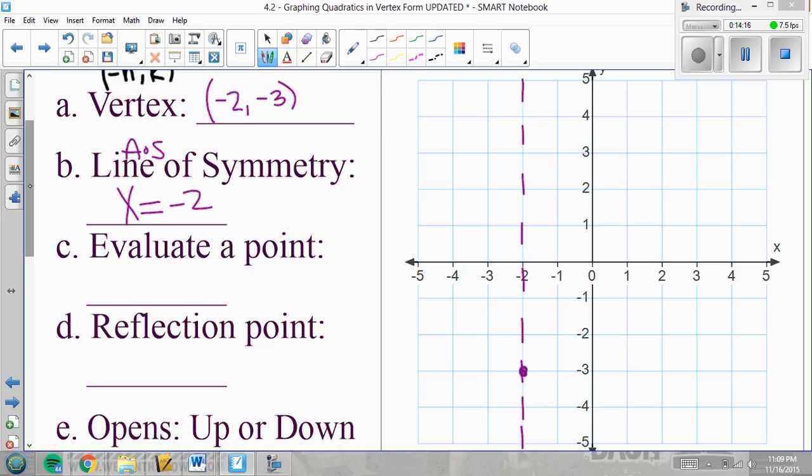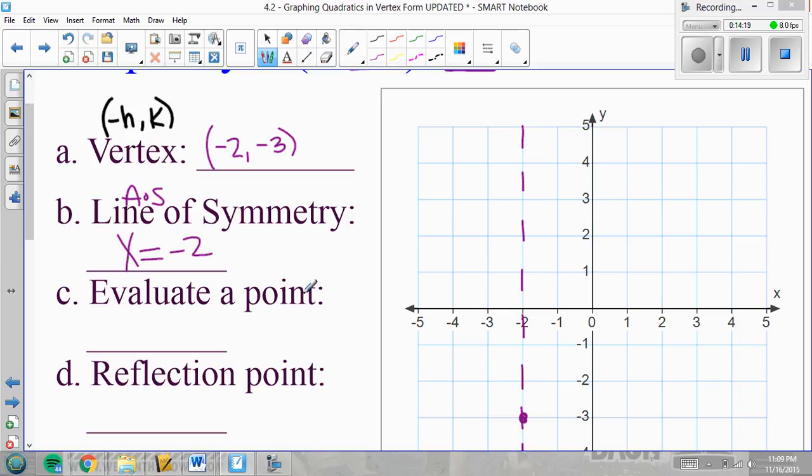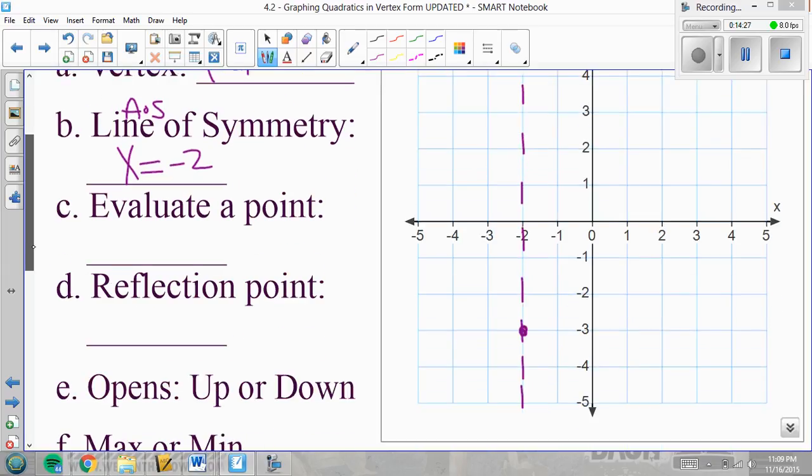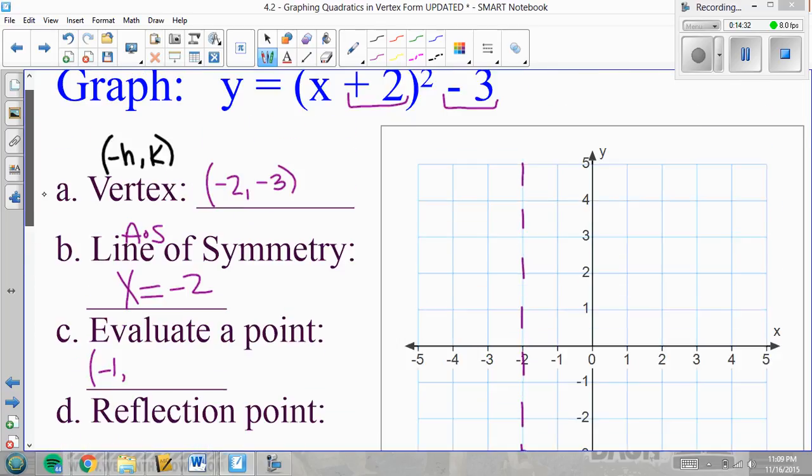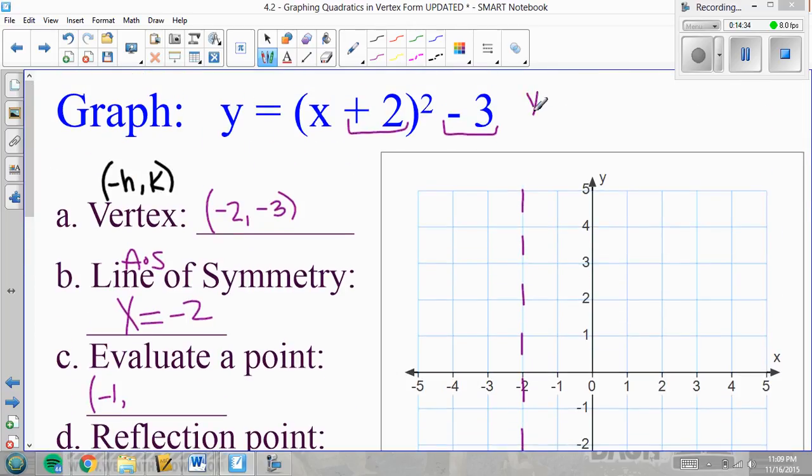To evaluate a point, you're picking a number close to the x. So if I'm at -2, I could pick -1 or -3. I'm going to use -1. And if we know x, remember you can plug it in to get y.